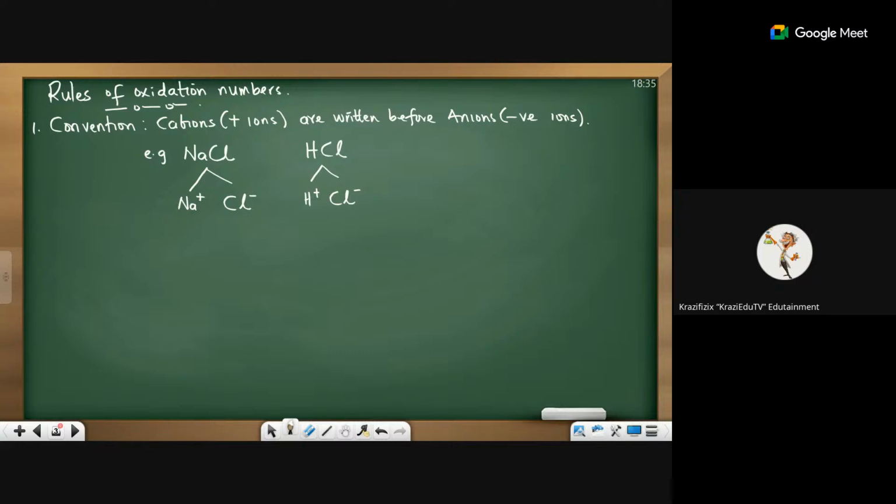Which means if I have something that looks like this, NaH, it therefore means the Na will be plus, and this time around, H will be negative. Convention that we write the cations before the anions. And the cations are positive, anions are negative.